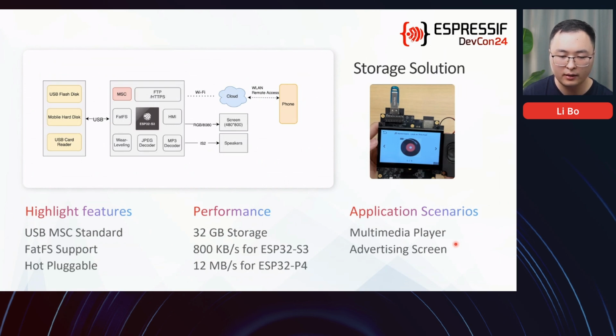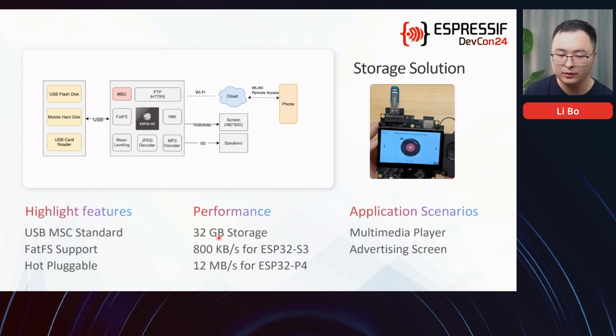The second one is USB external storage solutions. Also for the S3 and P series chips, they follow the MSC standard, support the file system, and support hot plug. For the performance, we support 32 gigabyte storage by default.